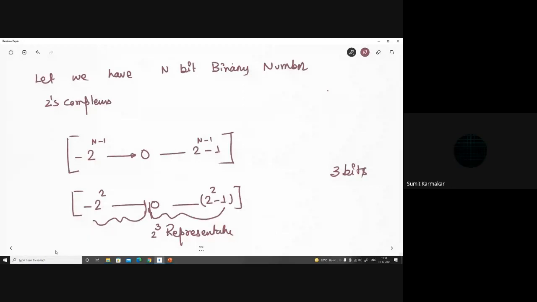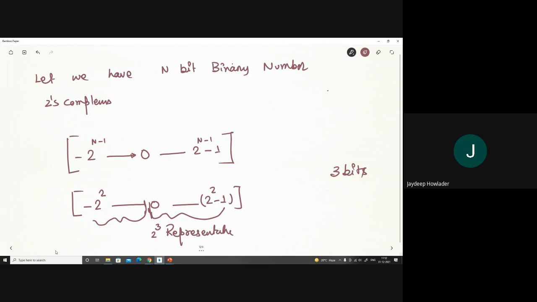Yes, sir. One thing, sir: the role of the 2's complement is only to find the magnitude? Like if we are given a binary number, then how to represent it with a negative sign? Yes, that is the function of the 2's complement, just to map its magnitude.